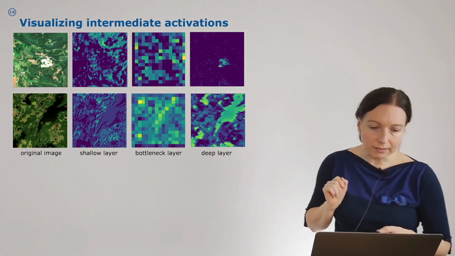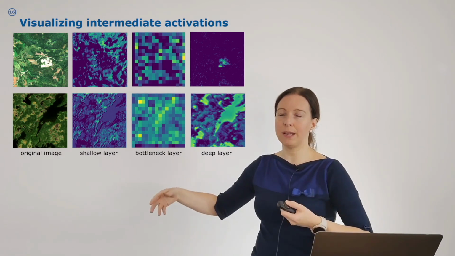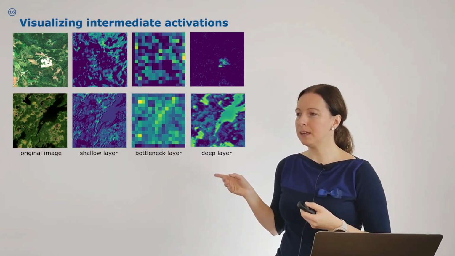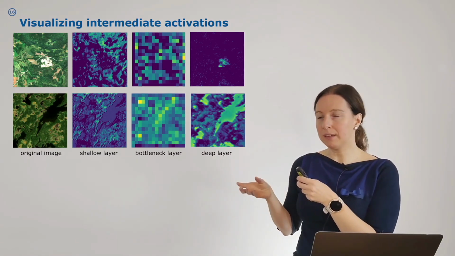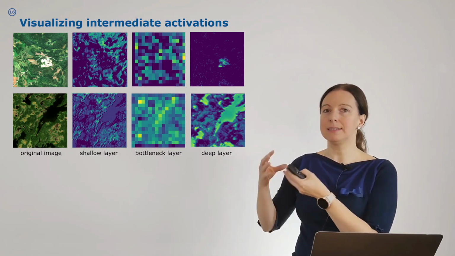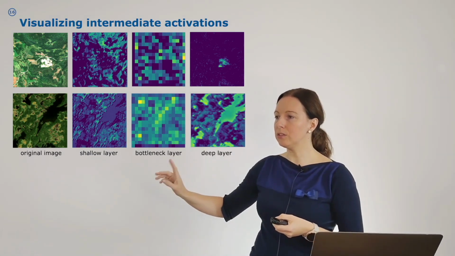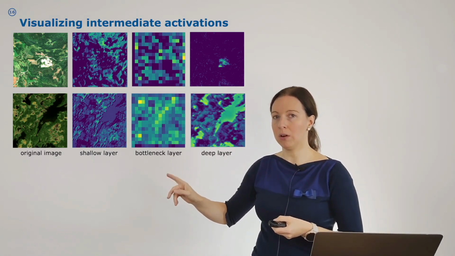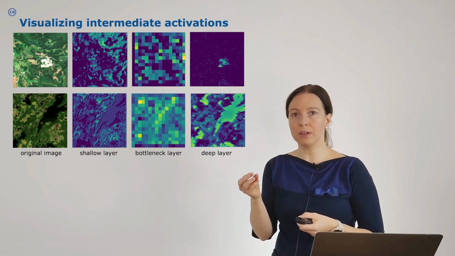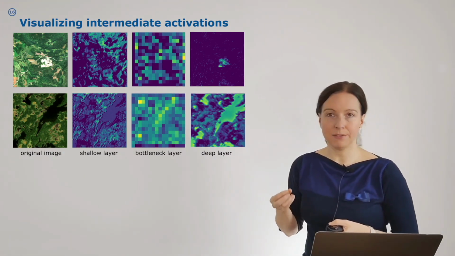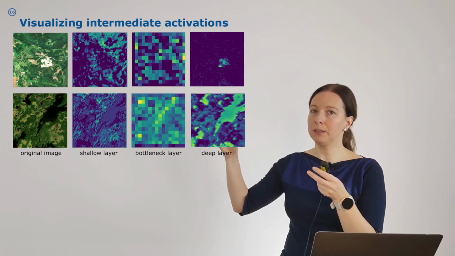In the shallow layer, you have more fine-grained structures, and in the deeper layer, the activation seems nearly connected to semantic concepts like a lake, or they focus on bigger structures. The bottleneck layer is very coarse, because in the bottleneck layer you reduce the dimension of the activation maps, and in order to relate it to the original image, you need to upscale it again.